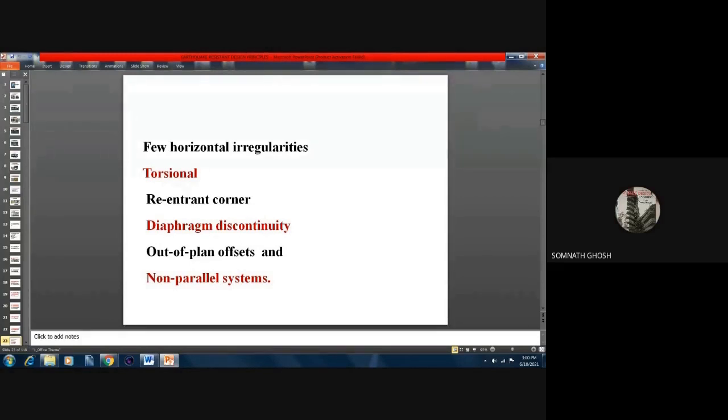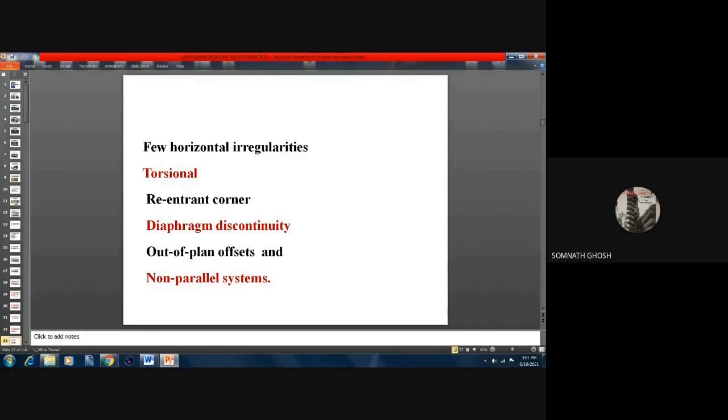As a result, what will happen? On plan, the earthquake force is hitting at the center of mass, which is a distance away from the center of gravity. So there will be a moment on plan, and there will be a huge torsional effect on the building. That is to be taken care of if this happens. How to take care of this? Obviously, I will tell you in my future lectures.